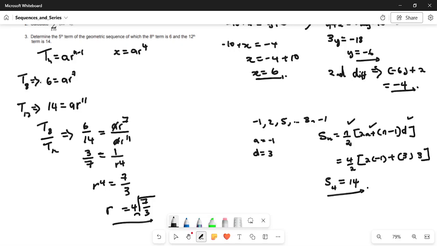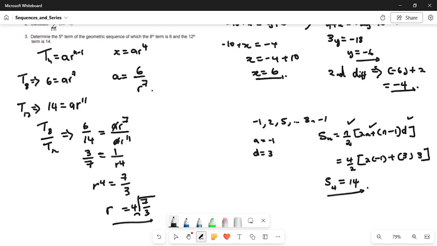So I'll use term number 8 to find what a is. I can rewrite this and say a is equal to 6 divided by r to the power 7. I'll have a hairy looking equation, but anyway, let me go ahead and say this is equal to 6 divided by r to the power 7.